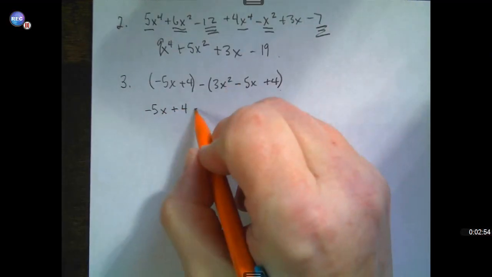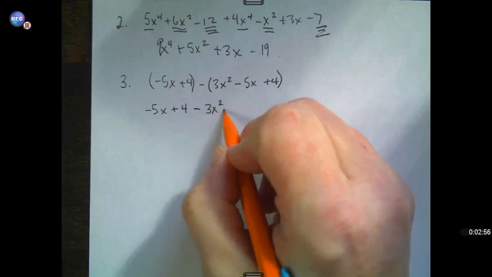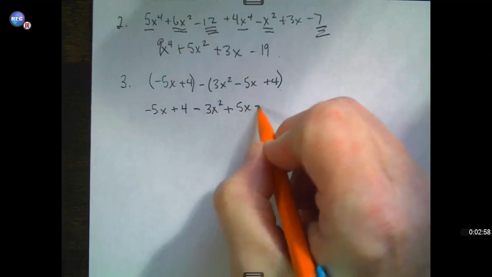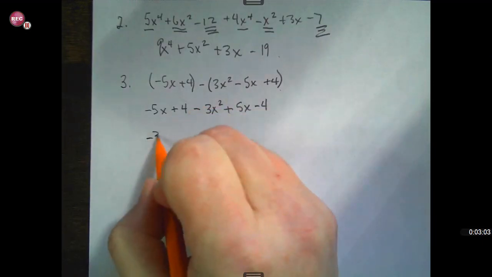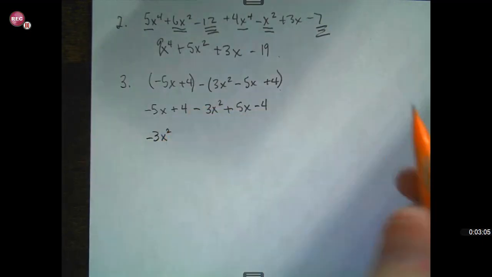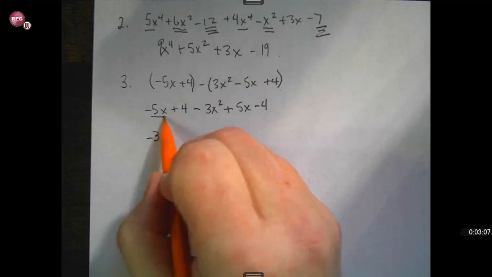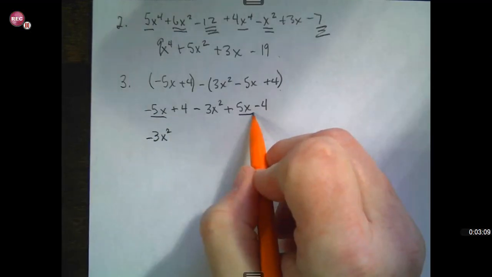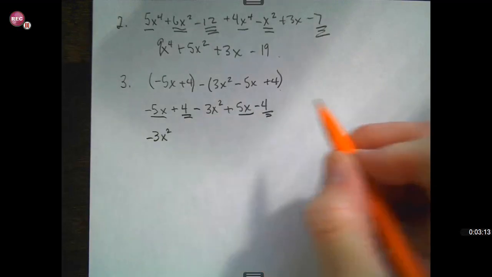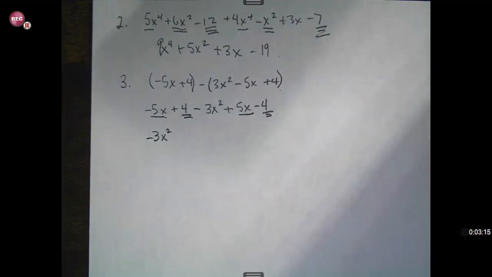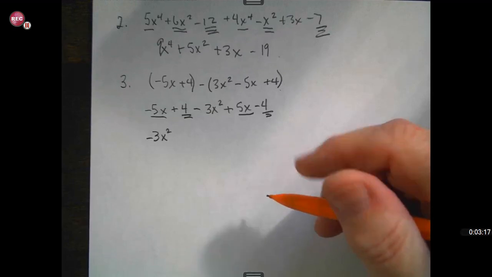So that's going to be minus 3x squared plus 5x minus 4. And there's nothing to go with the 3x squared. It's going to go first. That's the highest degree term. And then we have minus 5x plus 5x. That's gone. And we have plus 4 minus 4. That's gone. So our answer is negative 3x squared.